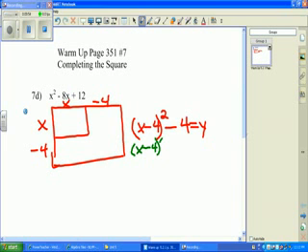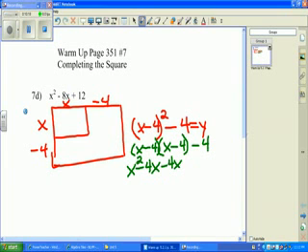You can put them both in the y equals, and that should give you the same thing. How am I going to find x minus 4 multiplied by x minus 4? Foil. X squared, that takes care of the front piece, x times x. Minus 4x takes care of the outsides.